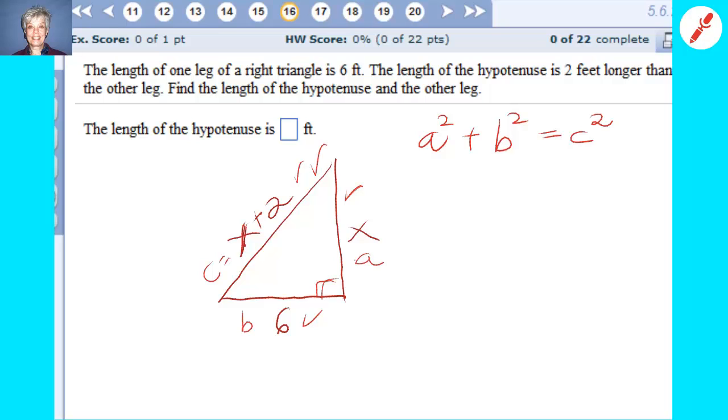So I'm going to say x squared, because that's my A, plus 6 squared, because that's my B, equals (x plus 2) squared, because that's my C. So here we are again, where we will have a little more room.